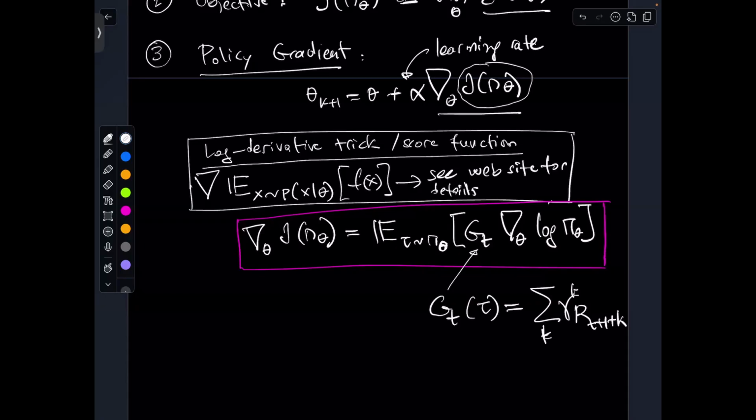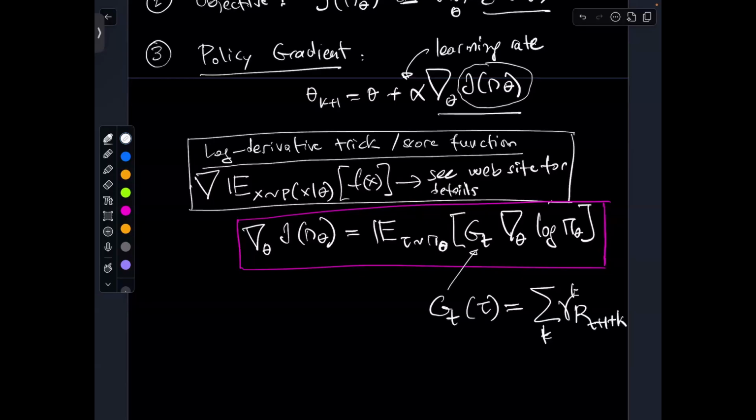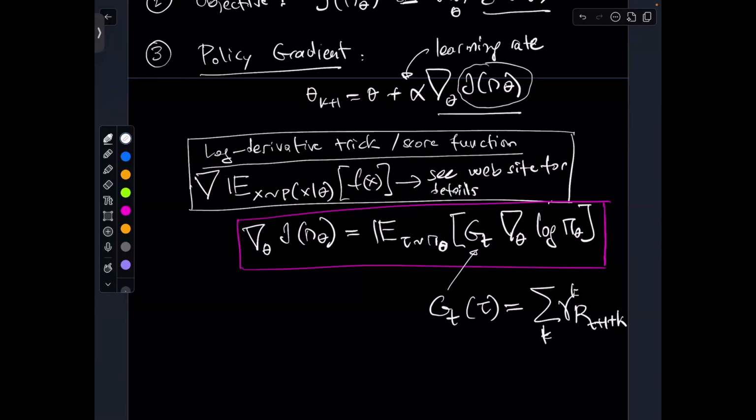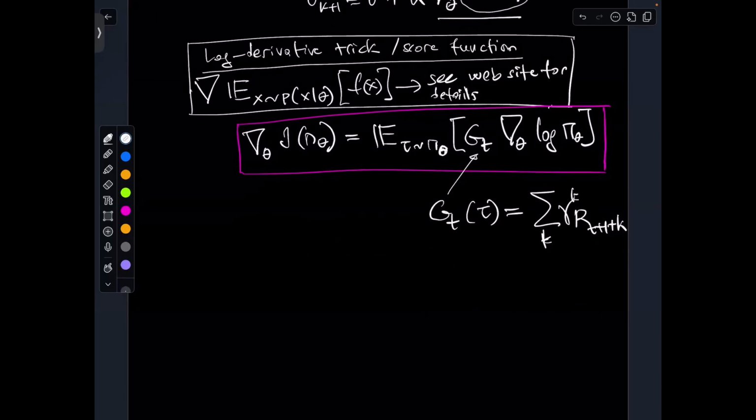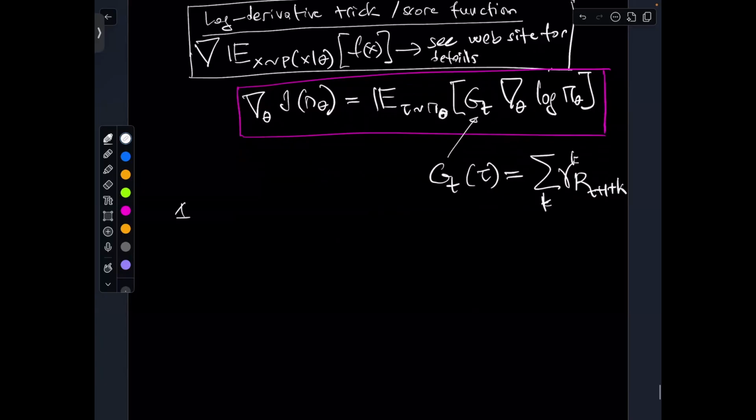And now with this in hand, we can start thinking about the optimization algorithm, which is called REINFORCE. The REINFORCE algorithm has multiple steps. The first step is to initialize the learning rate, this is the learning rate alpha in this equation.